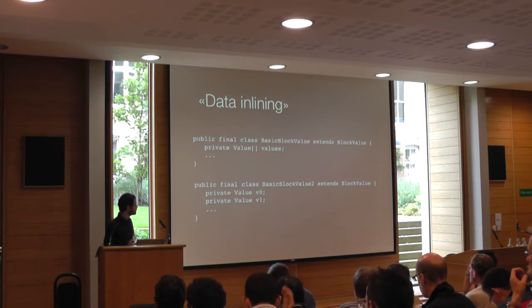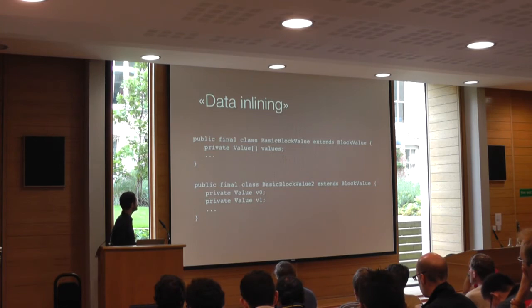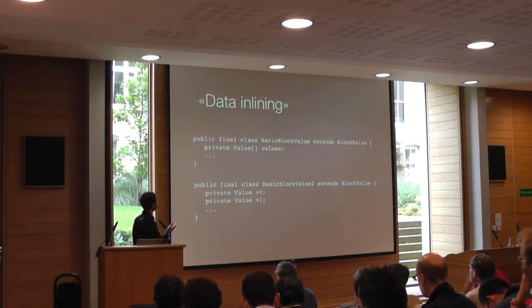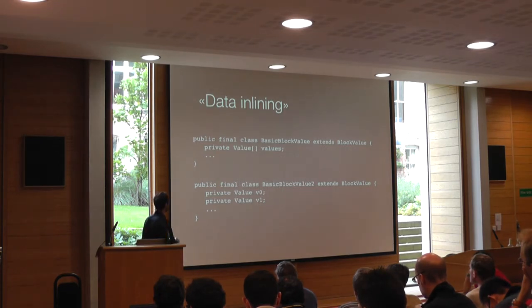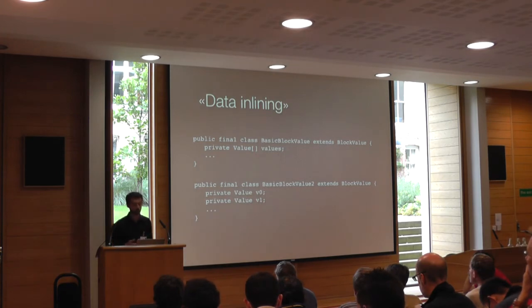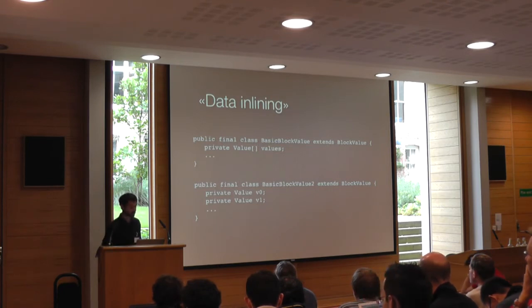So unfortunately, the only solution to get decent performances is to kind of inline your data structure. So here, you will not define it as an array of values, but as two fields, each one storing one value.